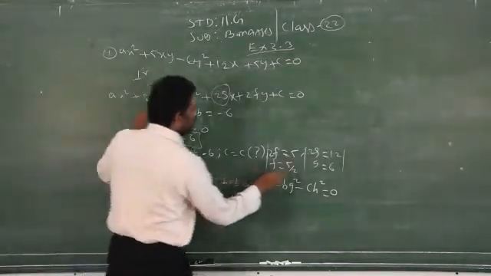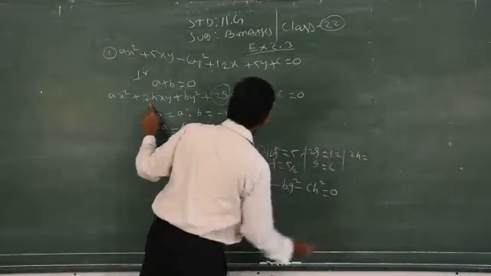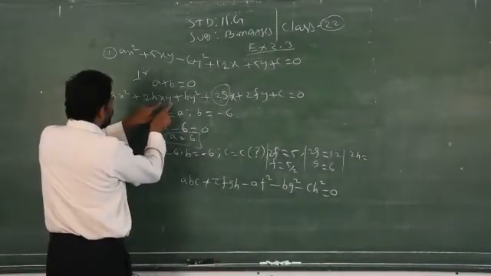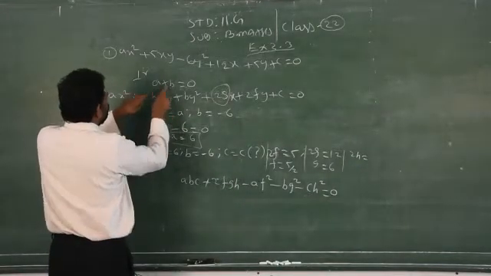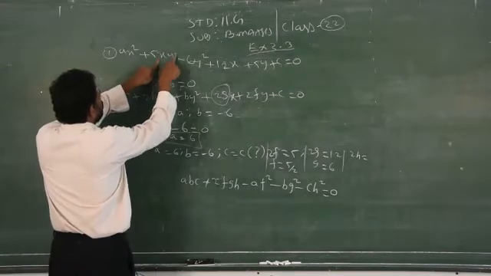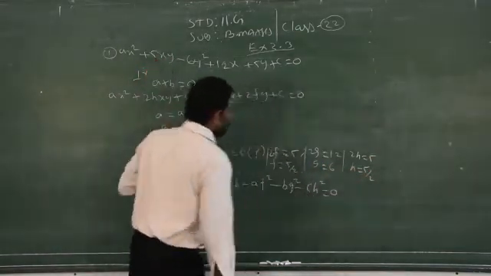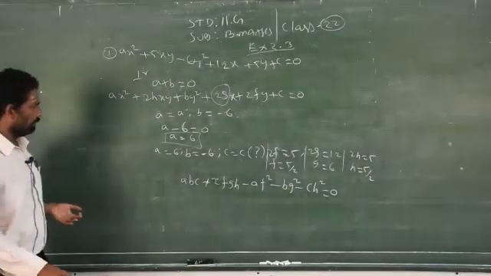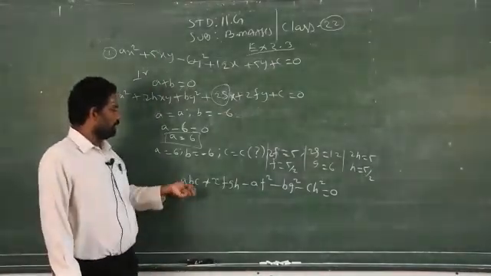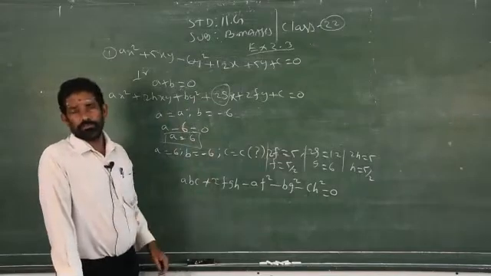It is given 2H. So 2H is equal to the coefficient of xy. So where is the coefficient of xy in the given question? Coefficient of xy is 5. So H is equal to 5 by 2. So now I know all the values for the constants a, b, c, f, g and h.